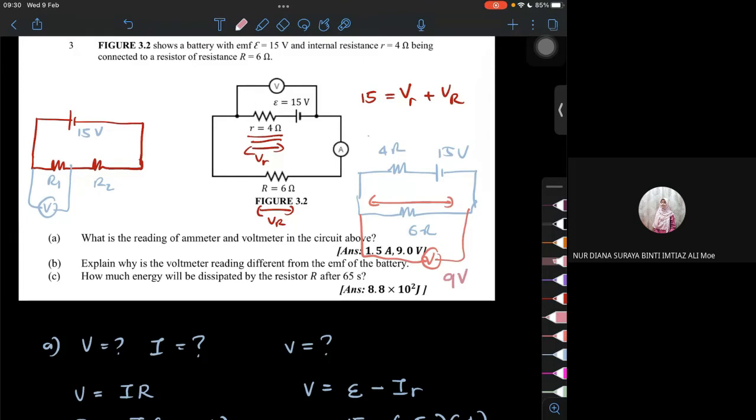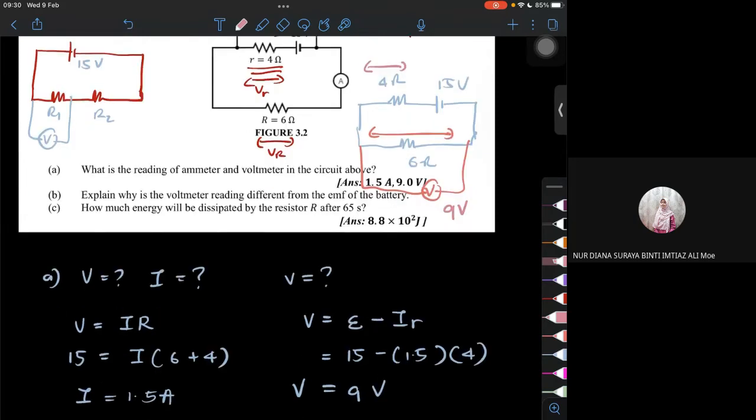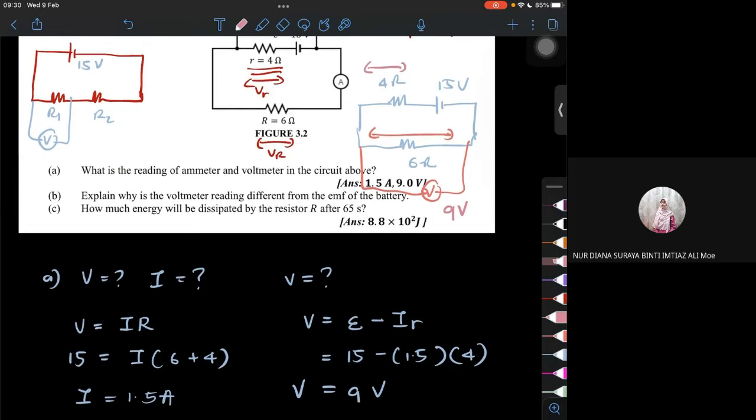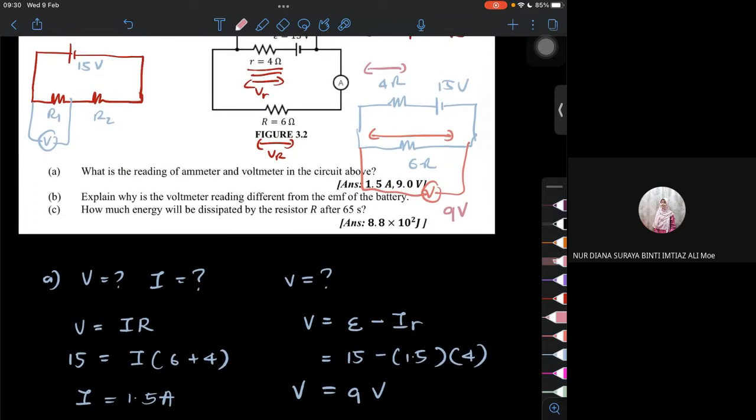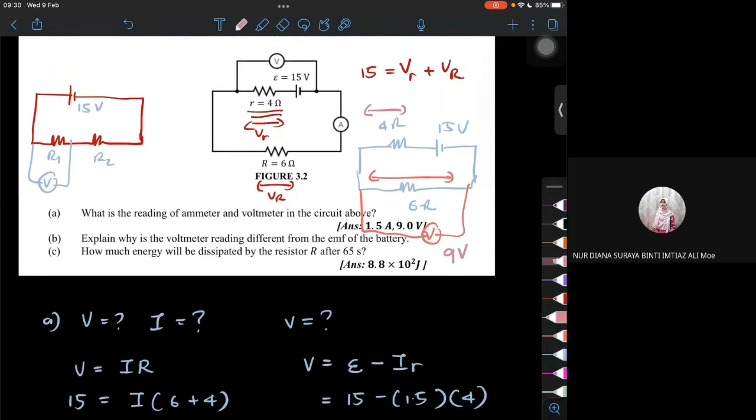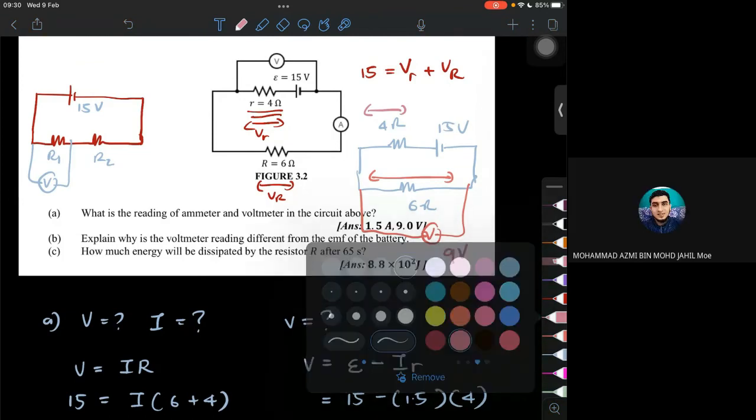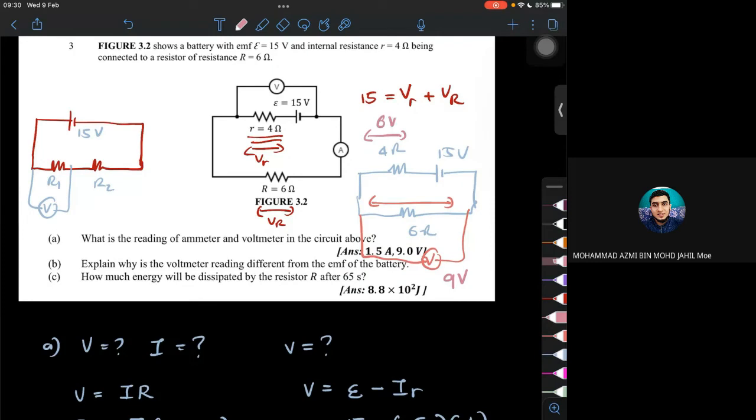Okay, if we want to find the voltage across this 4 ohm, can you find first what is the voltage across this 4 ohm? Basically kamu akan dapat 1.5 darab dengan 4. 1.5 darab dengan 4 akan dapat 6 volt kan? Betul kah? Betul Miss. Okay, so dekat sini akan dapat 6 volt.